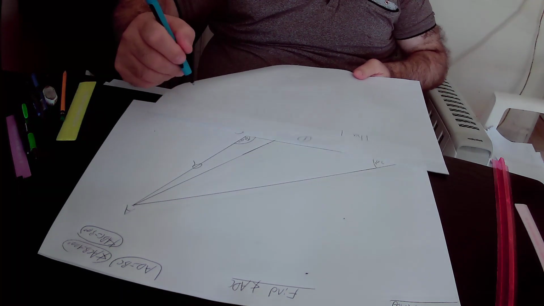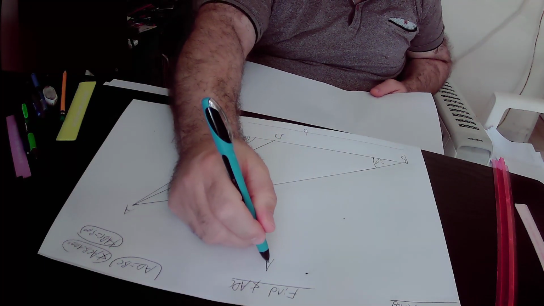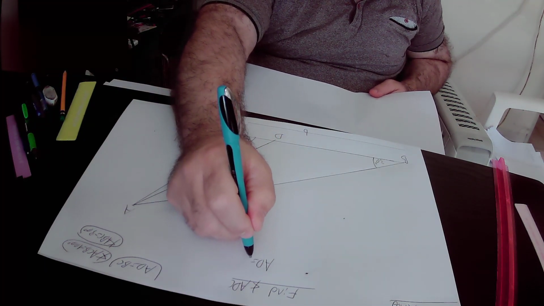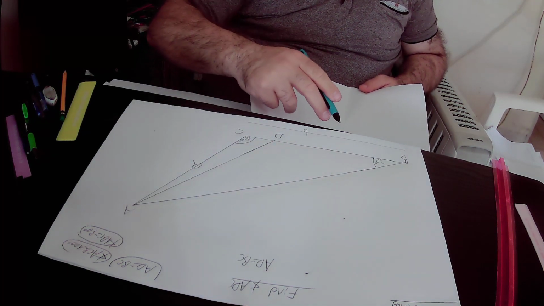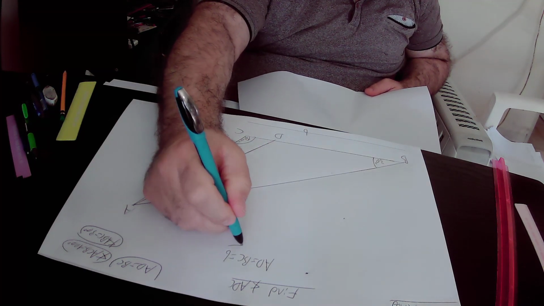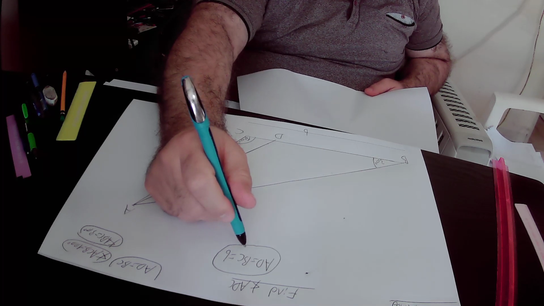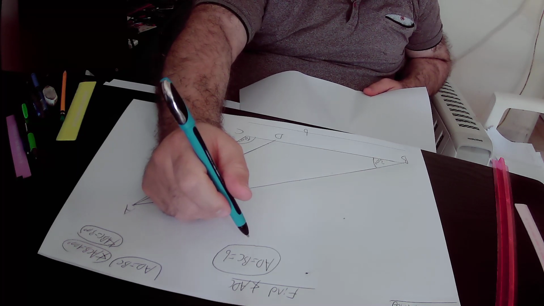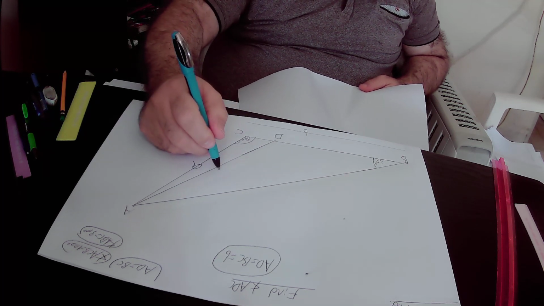But before that, we know that AD equals BC, and according to our definition, BC equals B. Therefore, AD also equals B.